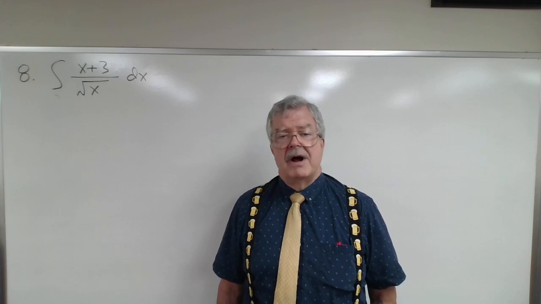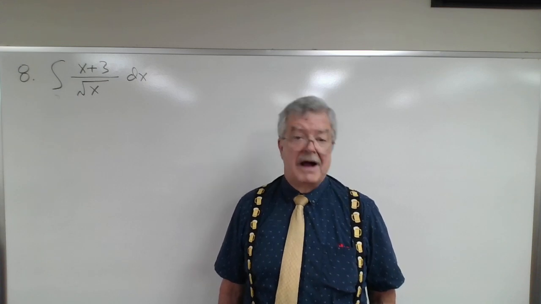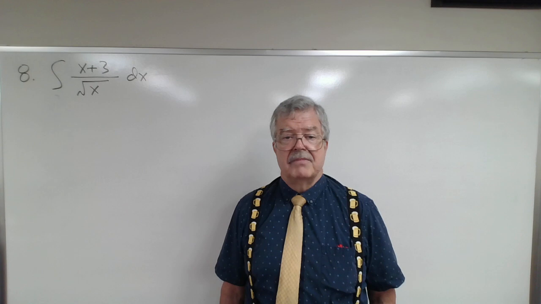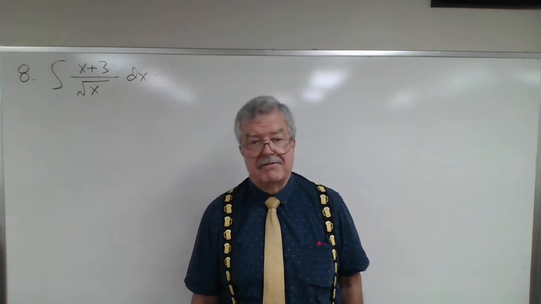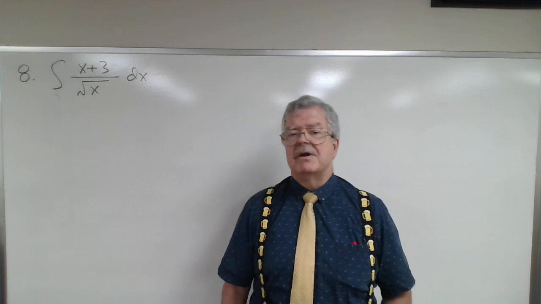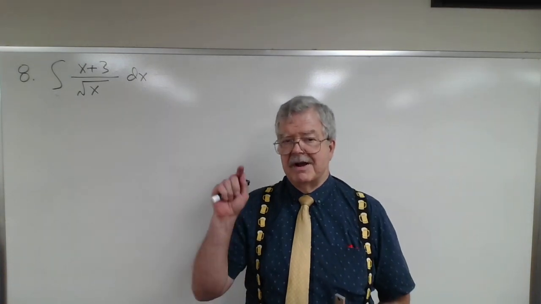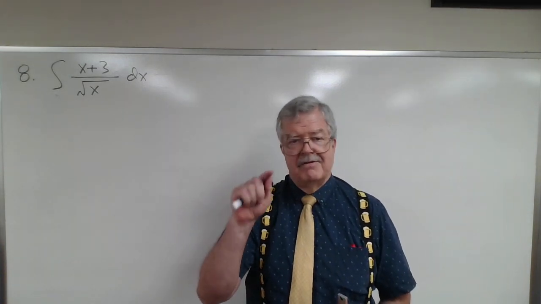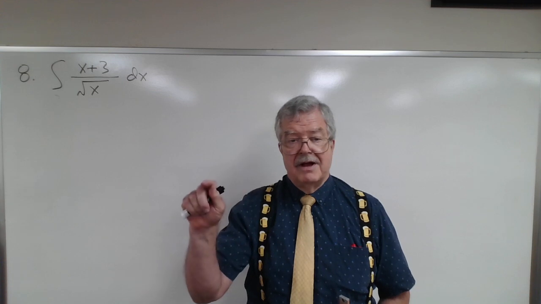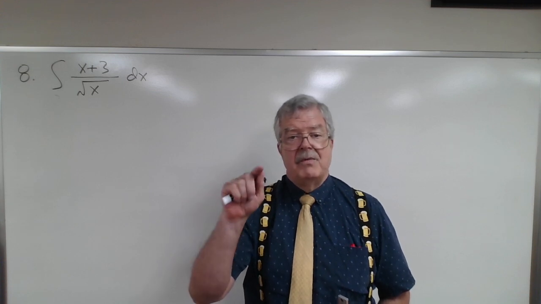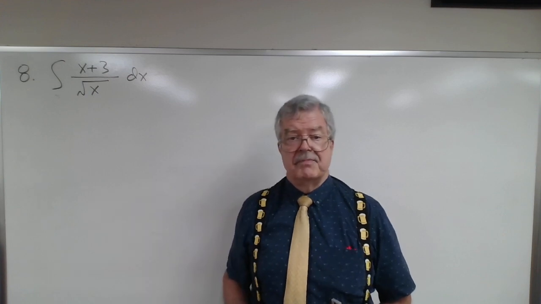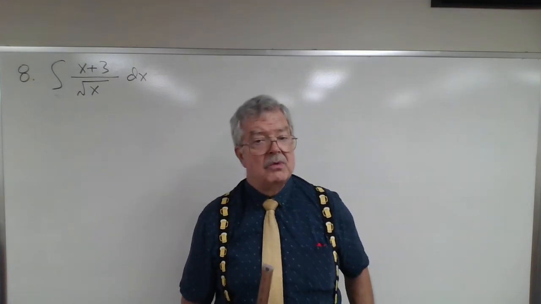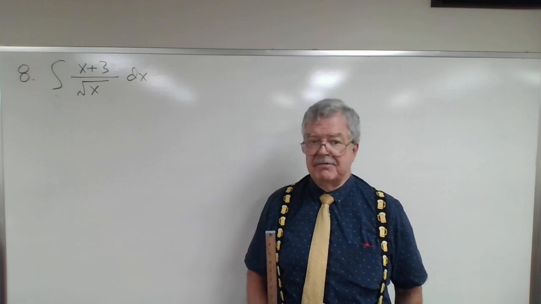And we have the property that the derivative of a constant times a function is equal to the constant times the derivative of the function. So when we compute the derivative of a constant times a function, we write the constant down, and then we compute the derivative of the function and we multiply them together. The same thing holds for antiderivatives.